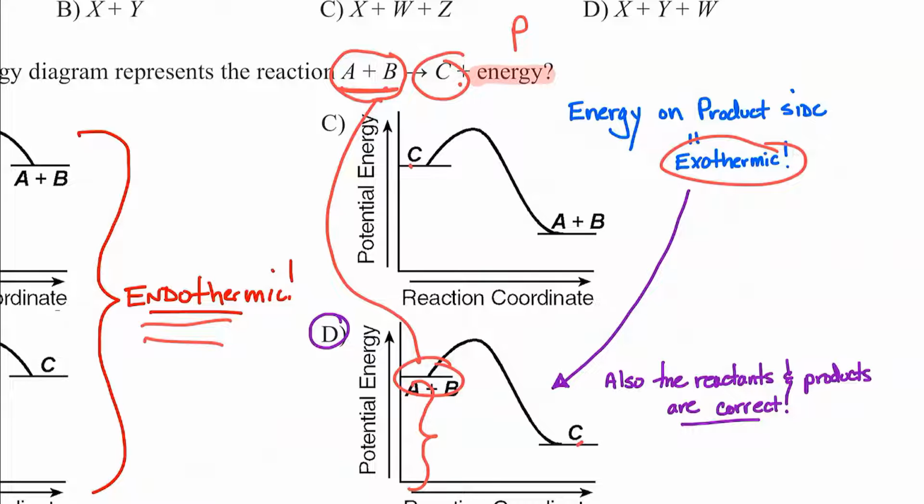When we drew these potential energy diagrams, the reactants are always written to start with. The products are always what you end up with. Here they have it flipped. So because A and B are reactants, the reactants start here, and we finish with C. D is the right answer.